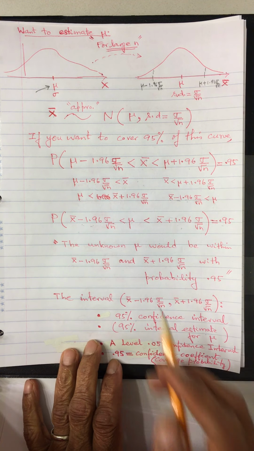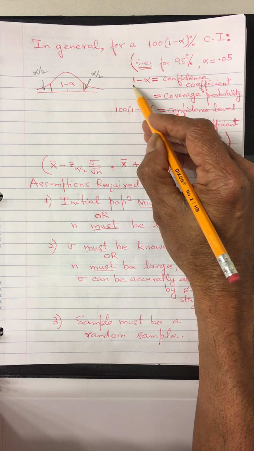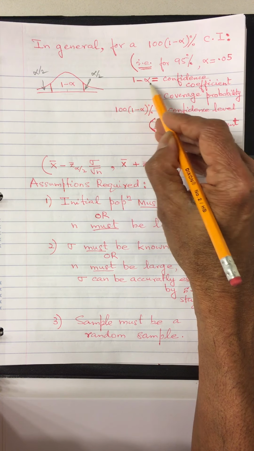In general, if you want a 100 times 1 minus alpha percent confidence interval, I am referring to 1 minus alpha in here. This part is alpha over 2, and this part is alpha over 2. With this notation, if you are looking at a 95% confidence interval, alpha equals 0.05. 1 minus alpha is the confidence coefficient.